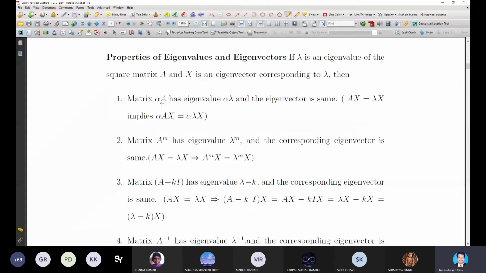Matrix alpha into A, for any alpha scalar or constant, has eigenvalue alpha into lambda.